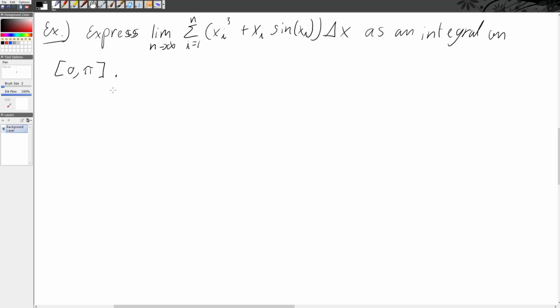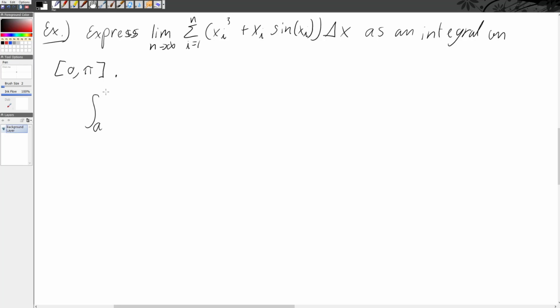So let's take a look at an example. Let's try to rewrite a sum as an integral. In this example, we want to express the limit of this sum of xi cubed plus xi times sine of xi, times delta x, as an integral on [0, pi]. Let's remind ourselves what it means to be an integral.